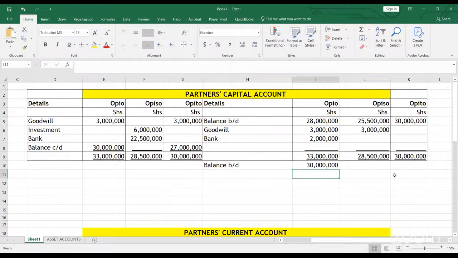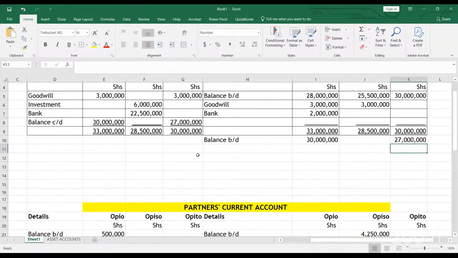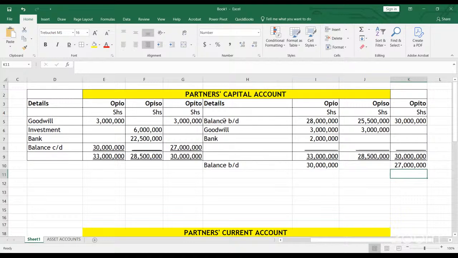Opio has 30, then Opito has 27. Then we go to the current account, balance it, and then we see what next.